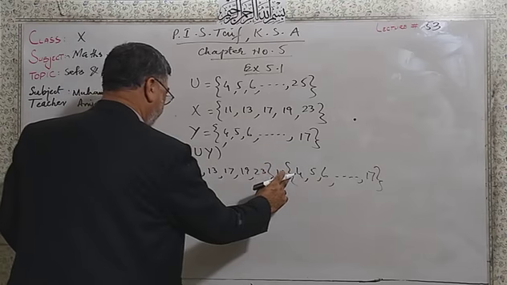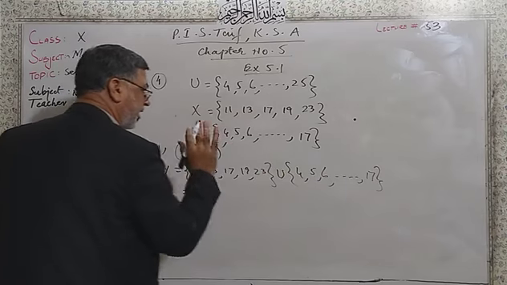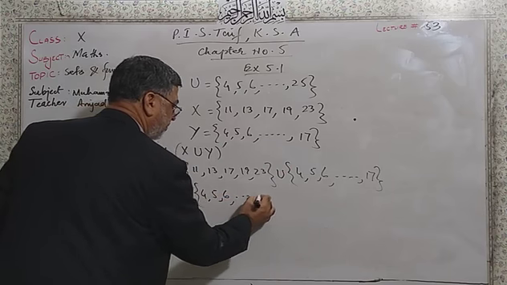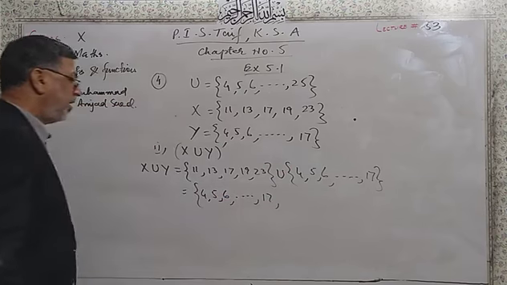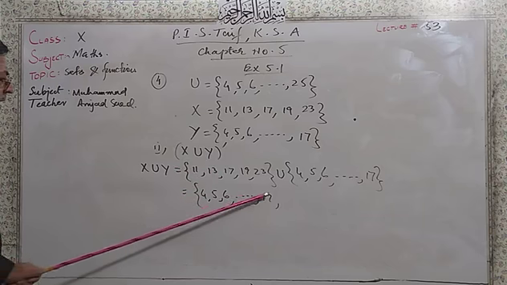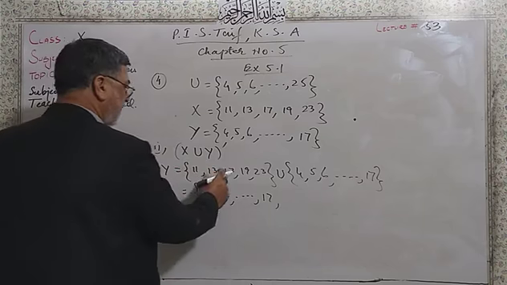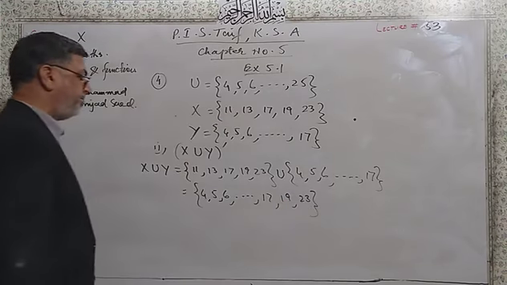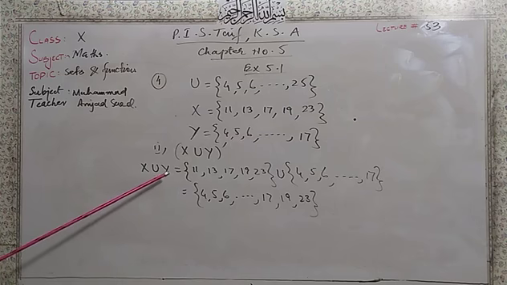So clearly from 4 to 17 they are all present. 4, 5, 6 up to 17, and 11, 13, 17 are included here. So what is left? 19 and 23. This is your X union Y.